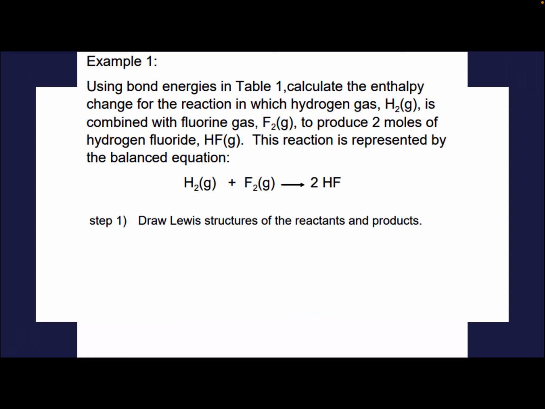So this reaction is represented by the balanced equation. And then the first step is to draw the Lewis structures of the reactants and products. So we have 2 hydrogens, and then we have 2 fluorines, but we know how many it has on its outer shell.